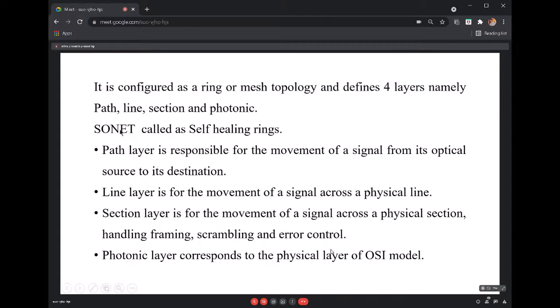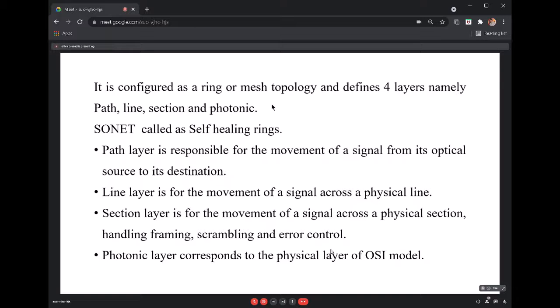But before that, why is it configured into a ring or mesh topology? Because in order to create loop diversity, that is, non-interrupted service protection.